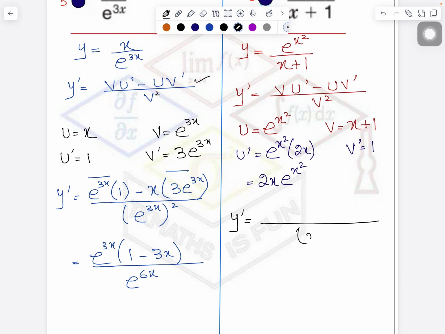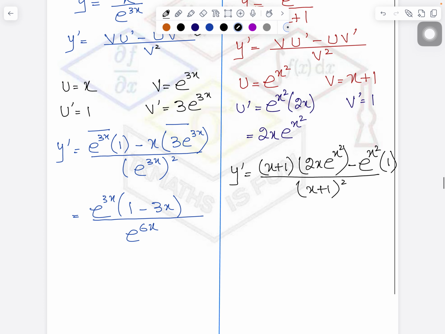So it is v square, then it is v u prime, differentiation of u, minus u, differentiation of v. So now if you see what is common here, common is e power x square.